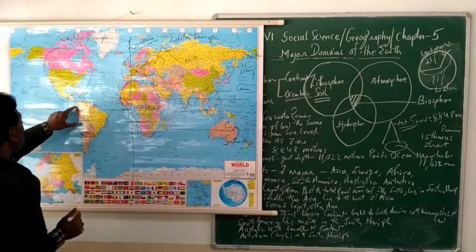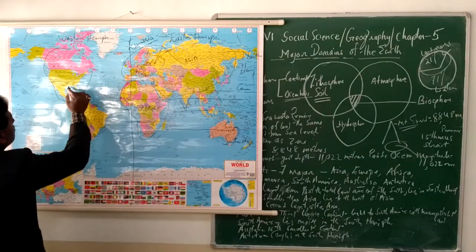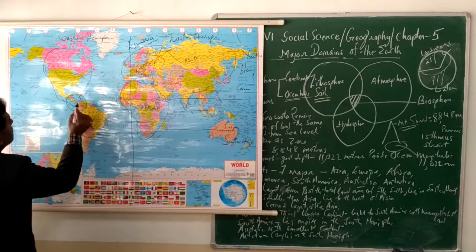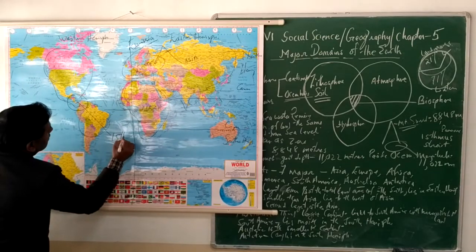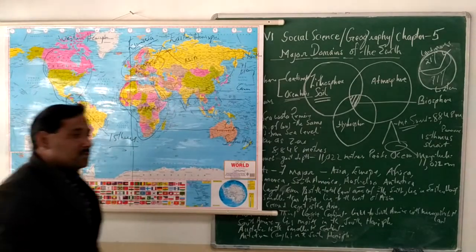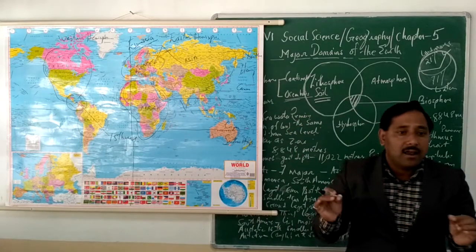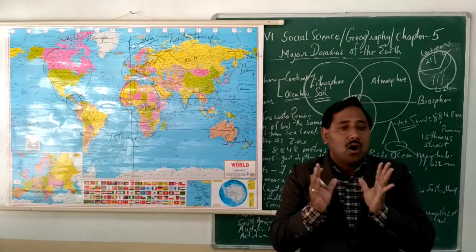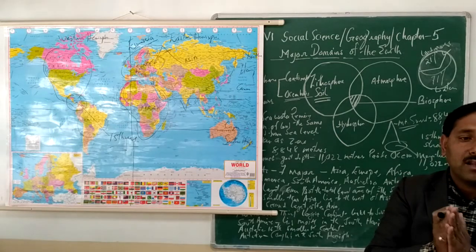This narrow stretch of land by which North America is linked with South America is known as an isthmus. An isthmus is a narrow stretch of land by which two continents are linked. How can you spell this?